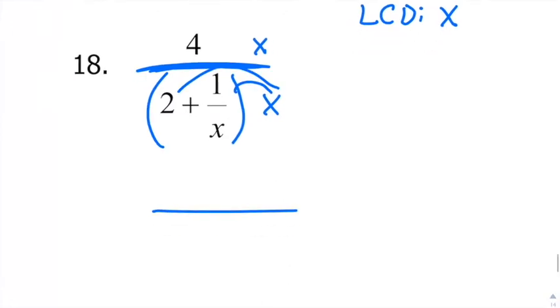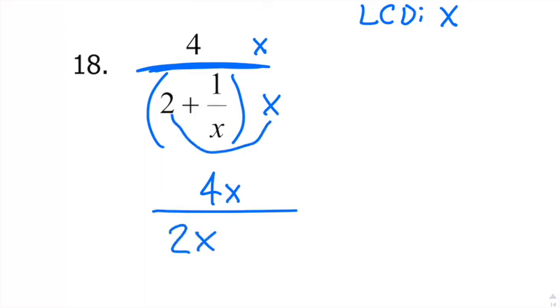So the numerator, that part's easy. That's just 4x. But the denominator, we have to distribute to both pieces of that binomial. x times 2 is 2x. And then x times this right here is x divided by x, which actually cancels out. That simplifies to 2x plus 1.